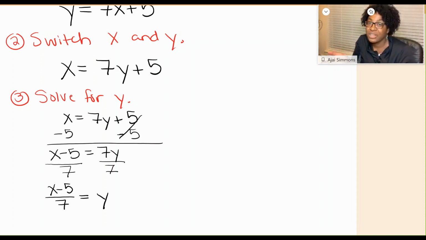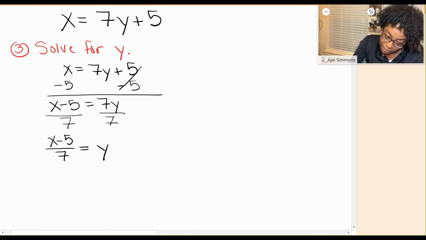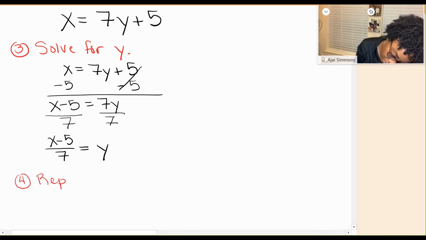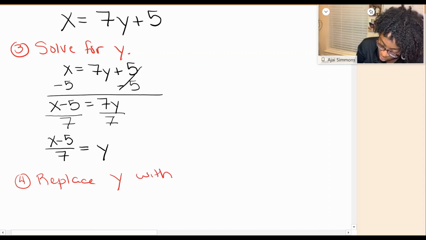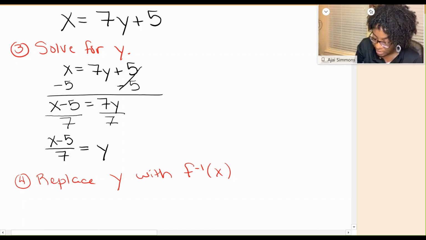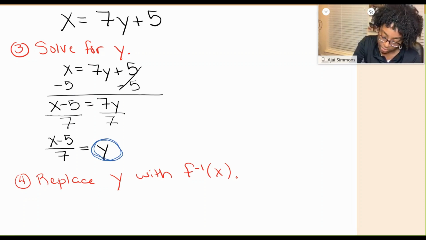And basically you're done, because the last step is just to put the notation in there. So step 4 is to replace the y with the inverse notation. That's f inverse of x. Okay. So for the problem that we have, right here is where I have the y, I'm going to put f inverse there.